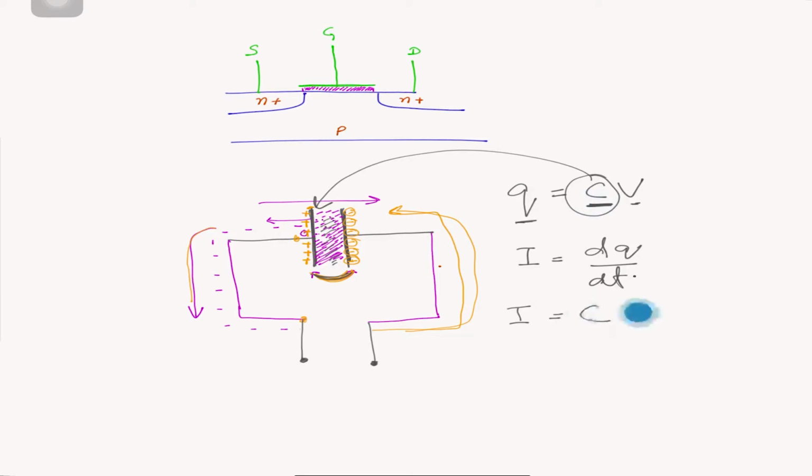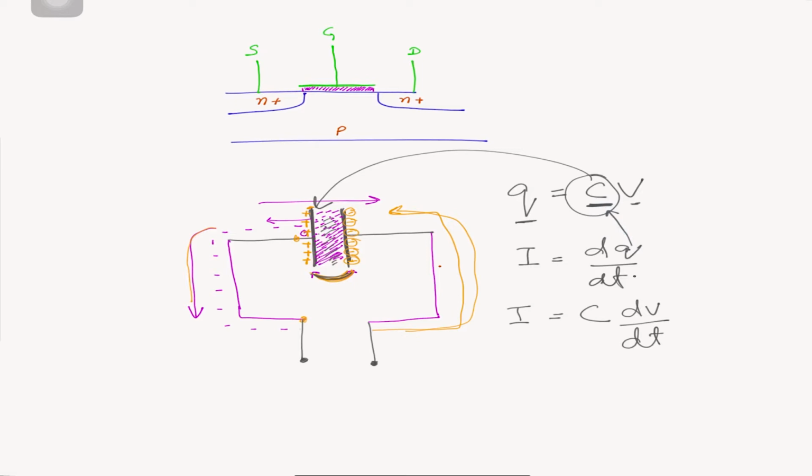So current becomes C times dV over dt when you put in CV for Q. So voltage is the one that is changing. The more the voltage changes, the more current will flow, right?